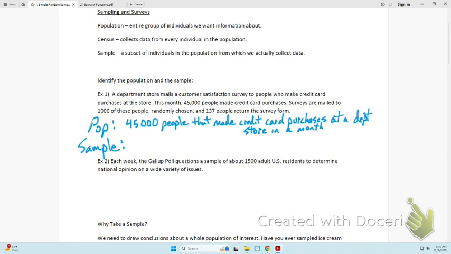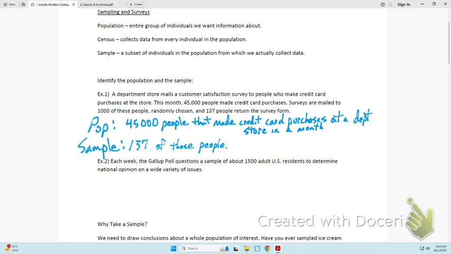They don't tell us what the store name is or what month, but that's as much information as we know. They mailed out 1,000, but only 137 returned the surveys. If you want, you can spell out that whole description again, but you just wrote it. It is A-okay to write what I just wrote.